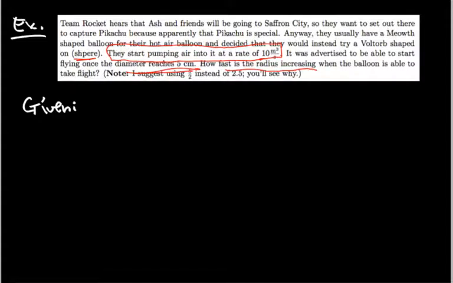What we're given is air is pumping in at that rate. So what is that referring to? Well, meters cubed per second. That gives us a hint that this is the volume of air going in. So we know that dV/dt equals 10 meters cubed per second.